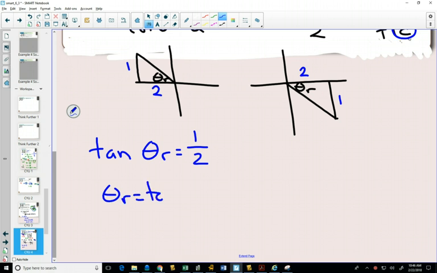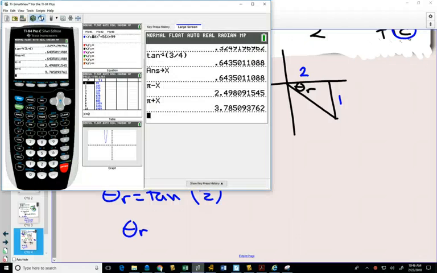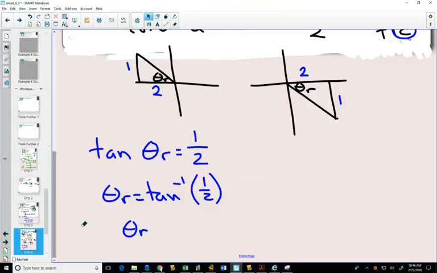Calculate your reference angle with tan inverse of positive 1 over 2. Again, our calculator is still in radians, so we go tan inverse of 1 divided by 2, and we get 0.46 as our reference angle.